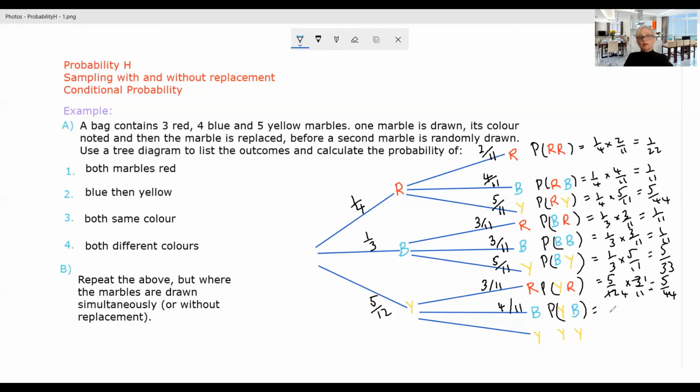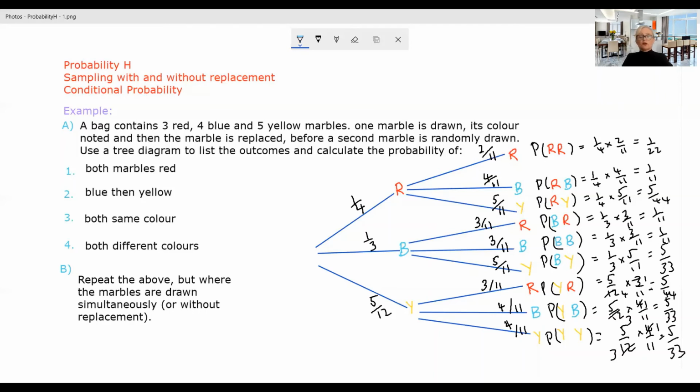So it will be 5 twelfths times 4 elevenths, they cancel. So you get 5 on 33. And finally, if the first one's yellow, you've only got 4 yellows left now out of your 11. So it will be 5 on 12 times 4 on 11, they cancel. So you get 5 on 33.